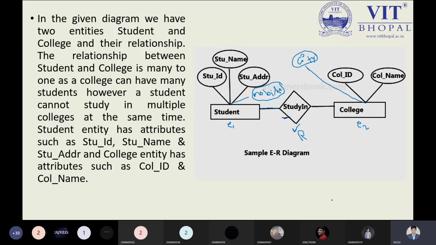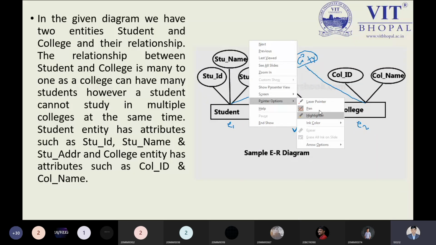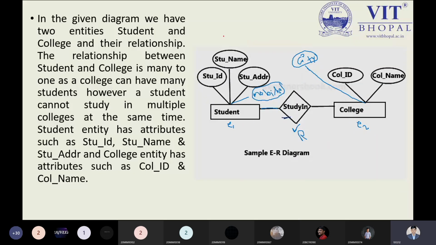In this simple ER model example you will see student and college. Student is an entity, in which we have attributes. So what are those attributes? Student ID is an attribute.